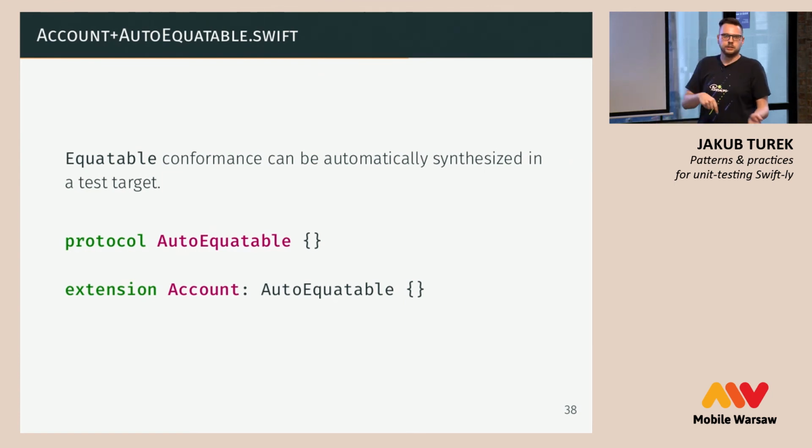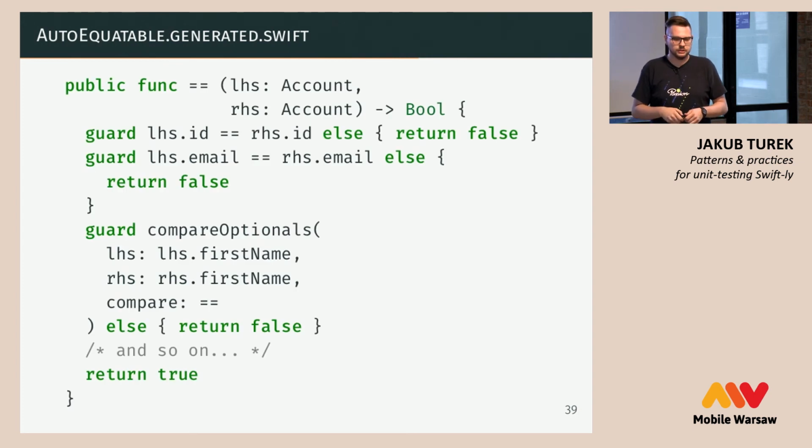So you take a template from the repository, you introduce a dummy protocol called AutoEquatable, and make your entity conform to that protocol. What Sorcery will do, before the compilation happens, is generate code like that for you. So it will actually perform the proper test of the equality, and that can be really useful for testing.